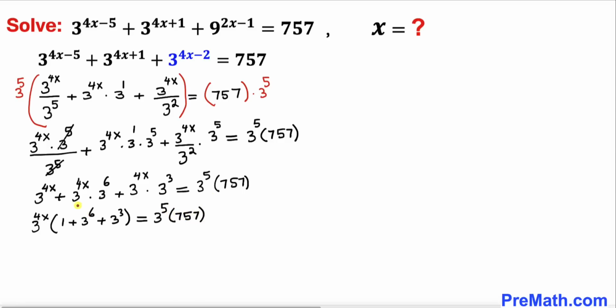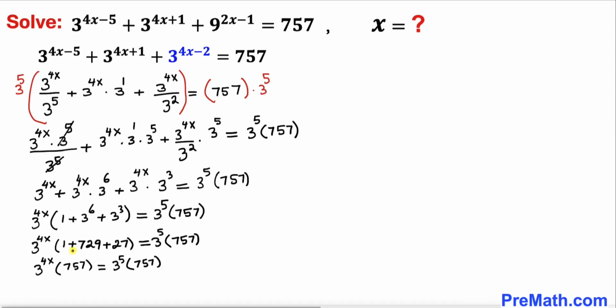And now we know that 3 power 6 equals 729. Likewise, 3 power 3 is 27. So therefore, we can write this one as 3 power 4x times 1 plus 729 plus 27, equals 3 power 5 times 757.